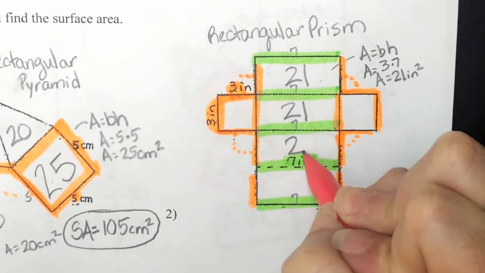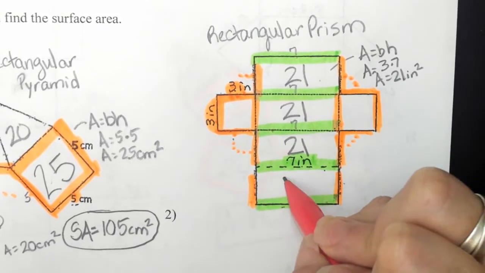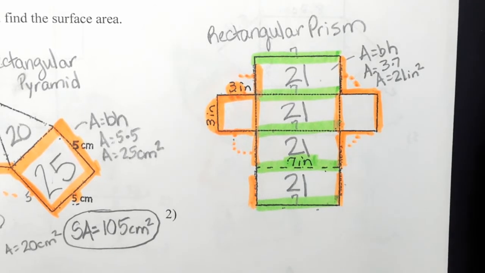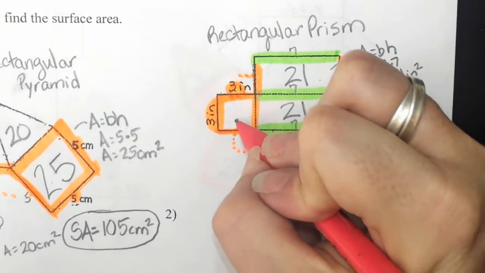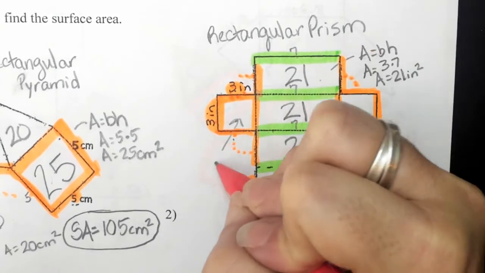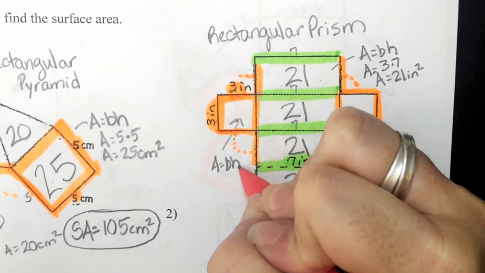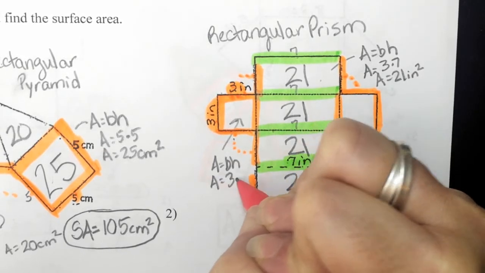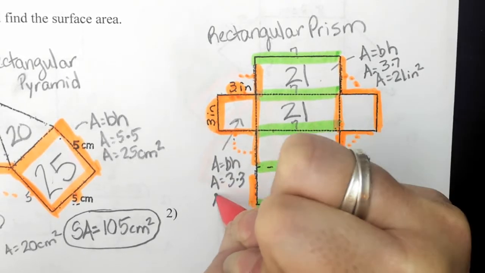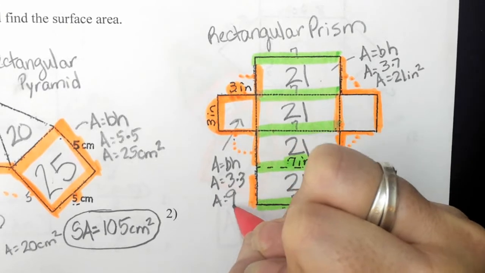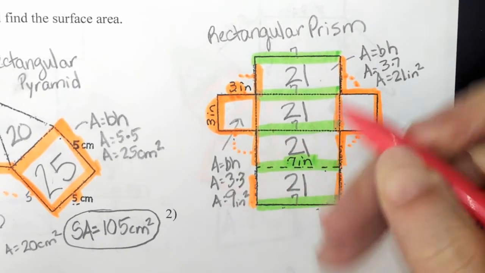Green and orange. Green and orange. So I'm kind of using a color coding if it'll help. And then it would be 3 times 3. That is right. So this little box is base times height. It is 3 times 3, which is 9 inches squared.